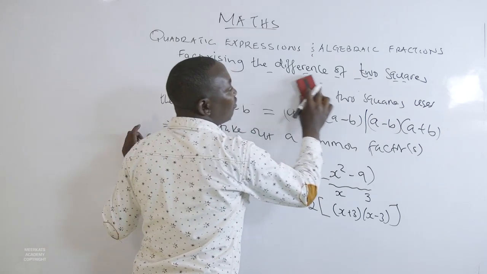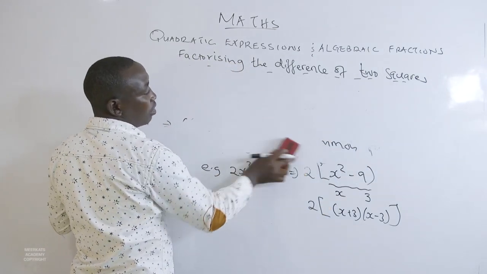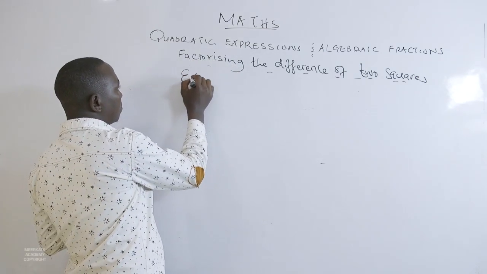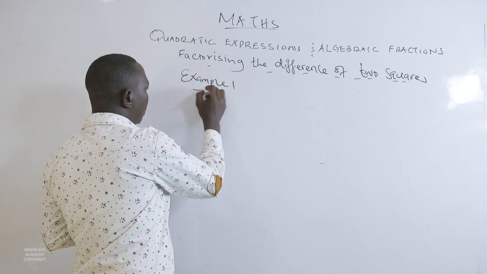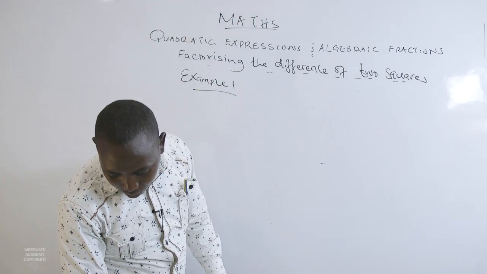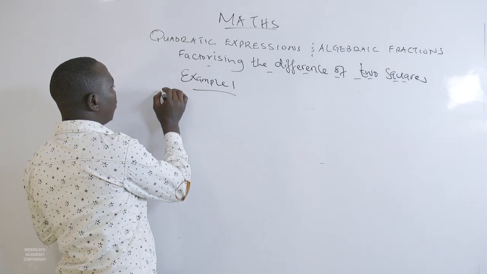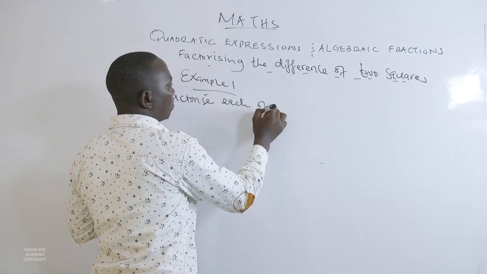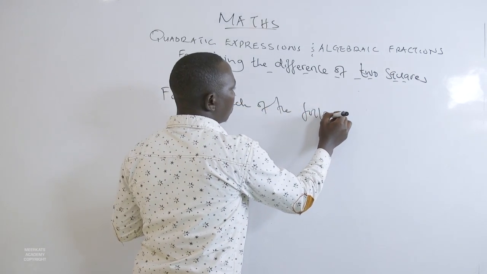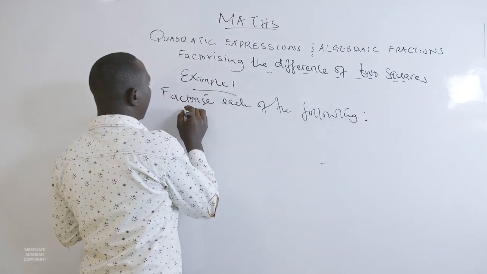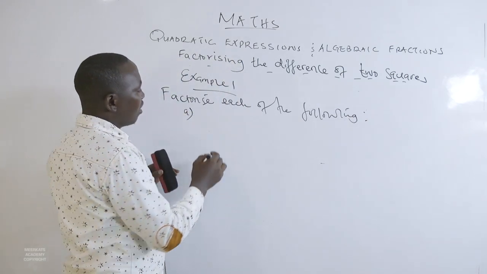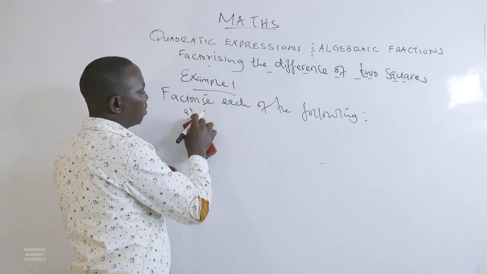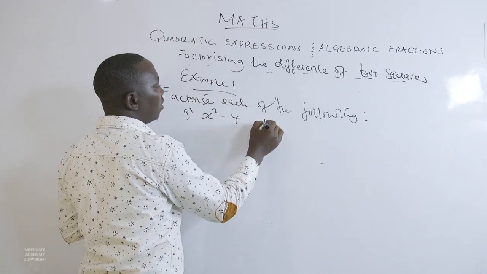Let's look at a number of examples on how we can factorize difference of 2 squares. Example 1, factorize each of the following. Number A, x squared minus 4.